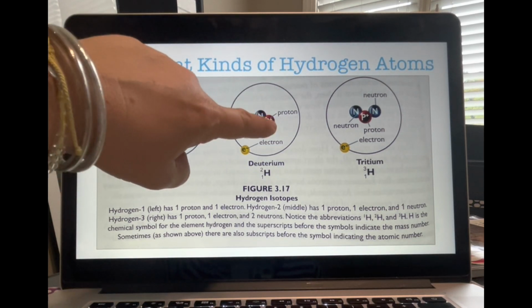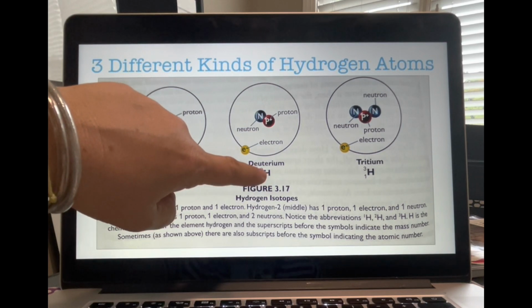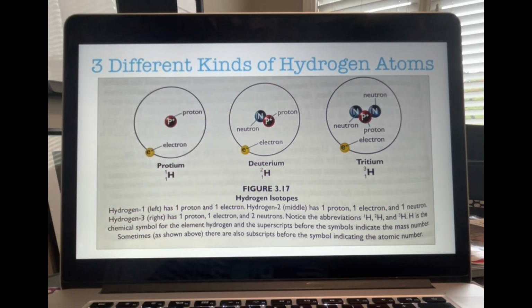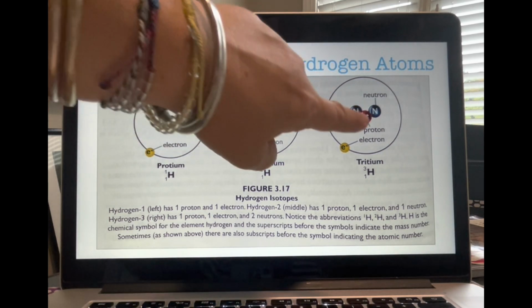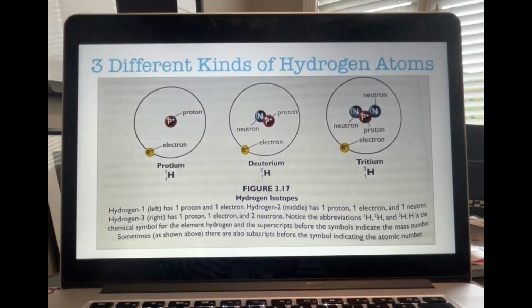So hydrogen 2, or deuterium. And the atom with 1 proton and 2 neutrons in its nucleus is hydrogen 3, which is also called tritium. Scientists have a name for atoms like this, and they are called isotopes.